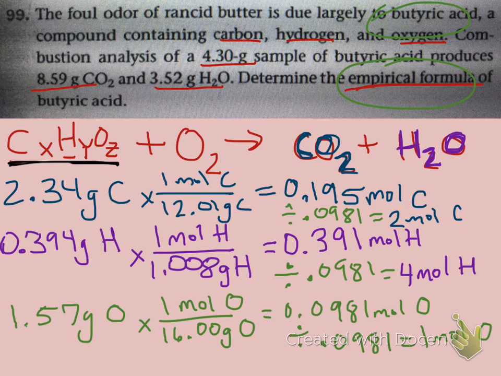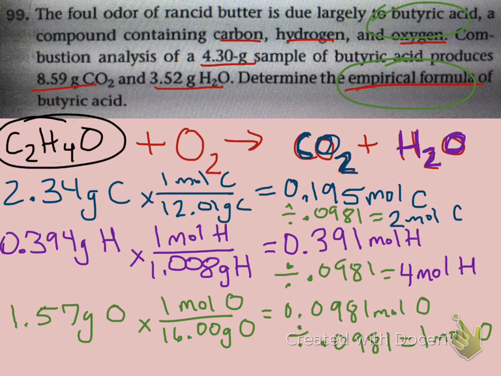If these don't equal perfect whole numbers, for instance, when I divided the carbon, I actually got 1.98777, that is super close to 2, so it's fine to round. So I should have 2 moles of carbon for every 4 moles of hydrogen for every 1 mole of oxygen. So now we have determined our answer. The empirical formula for butyric acid should be C2H4O. So that is our answer. That's butyric acid.